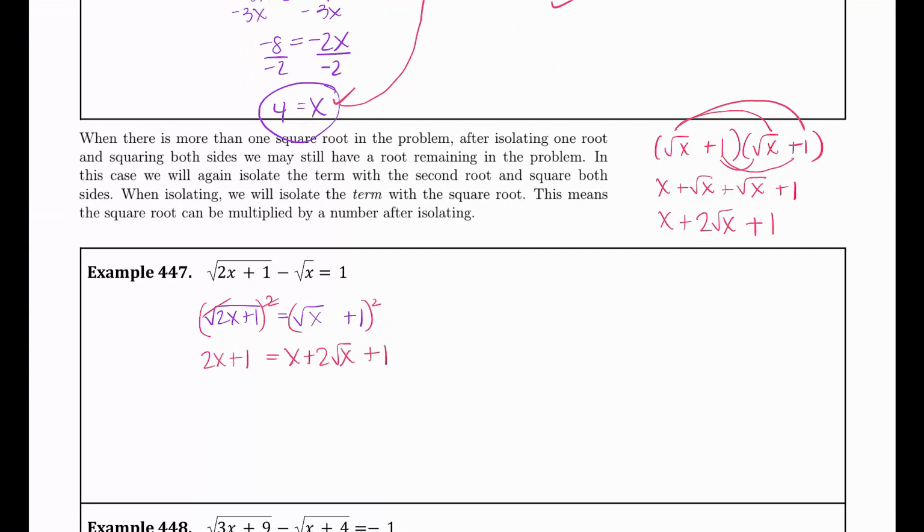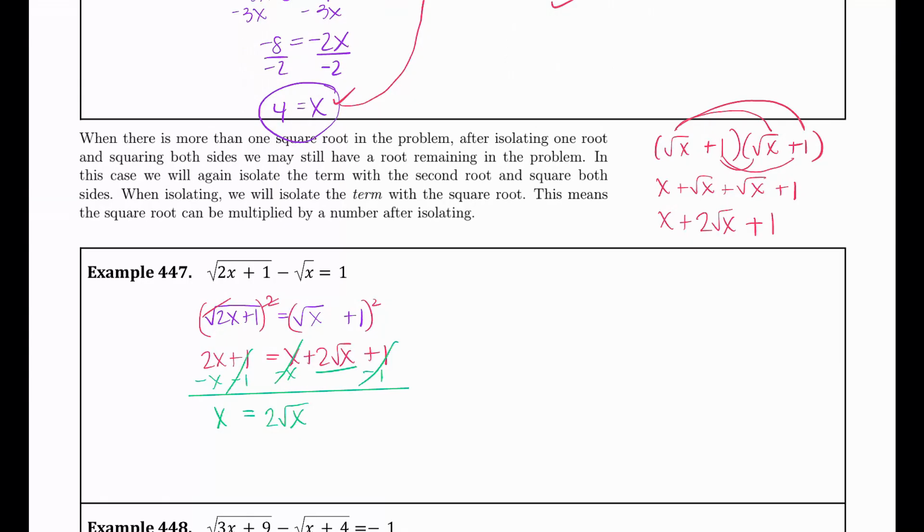Notice we did not eliminate all of our square roots, so we're going to have to try to isolate this piece and square it again. So if I move my x's to the left side and my 1 to the left side, let's see what we get. This actually cancels out and gives me 0, and I just get x equals 2 square root of x.